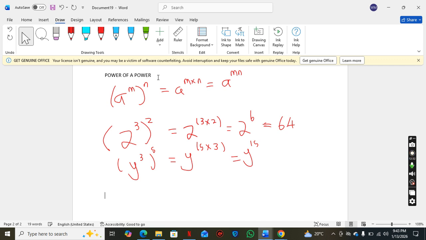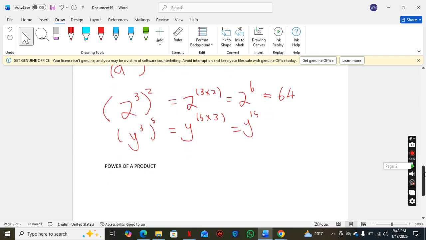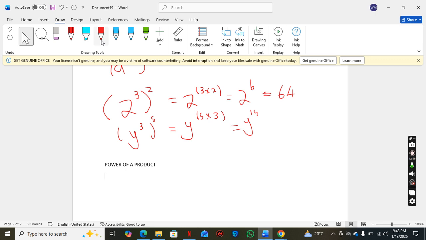Next, power of a product. Okay, so power of a product. A times B to the power n is the same as A to the power n multiplied by B to the power n.